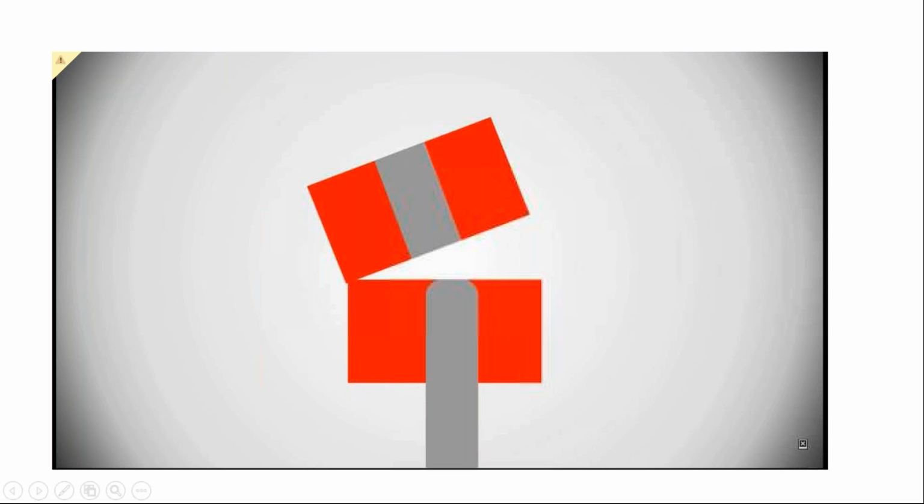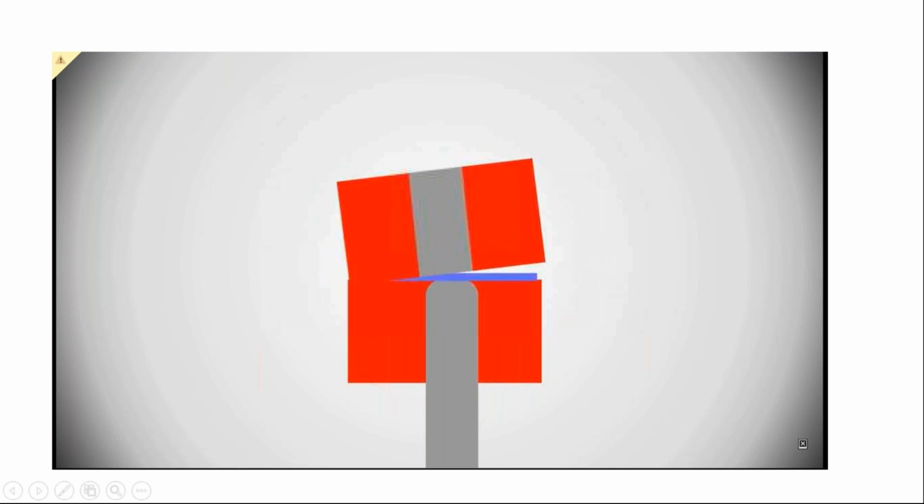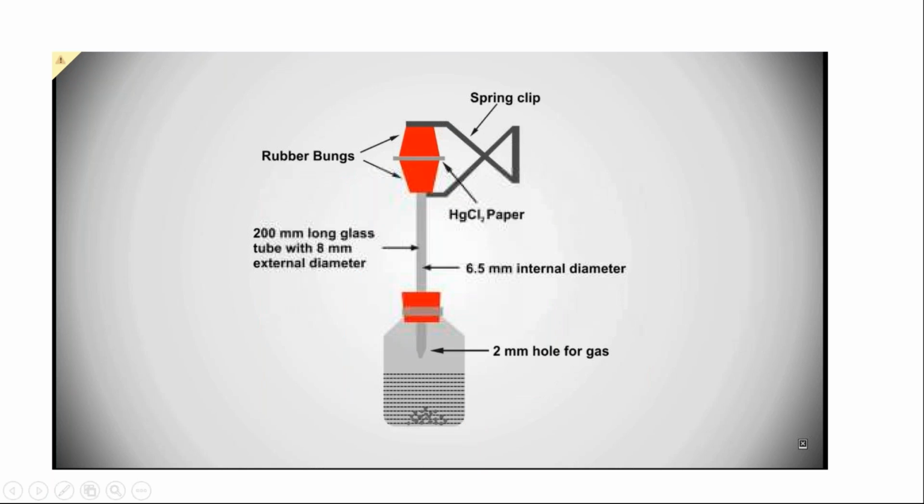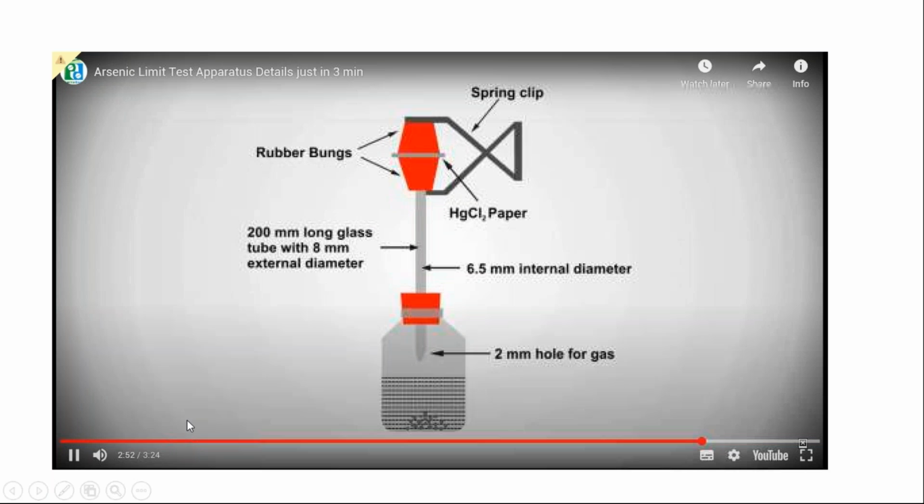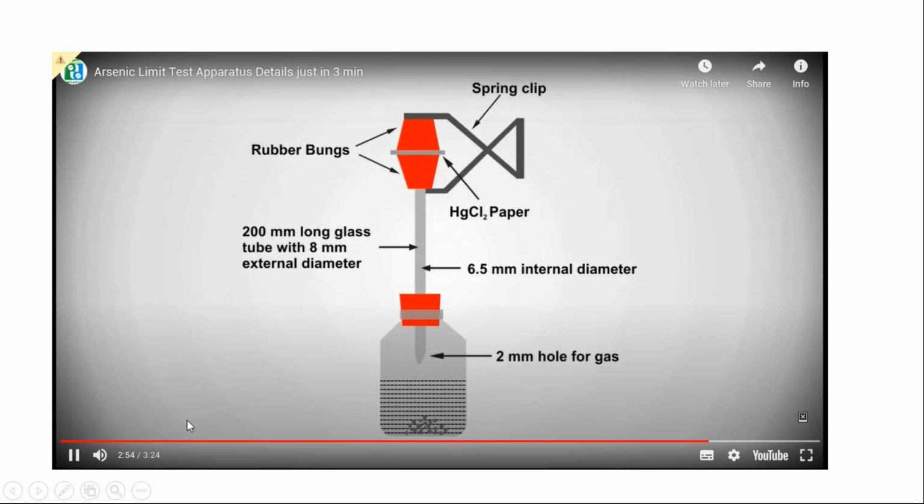A piece of mercuric chloride paper is placed flat on the top of the bung and the other bung placed over it and secured by means of the spring clip in such a manner that the holes of the two bungs meet to form a true tube 6.5 millimeter in diameter interrupted by a diaphragm of mercuric chloride paper. This is called the Gutzit apparatus, which is used for the arsenic limit test.